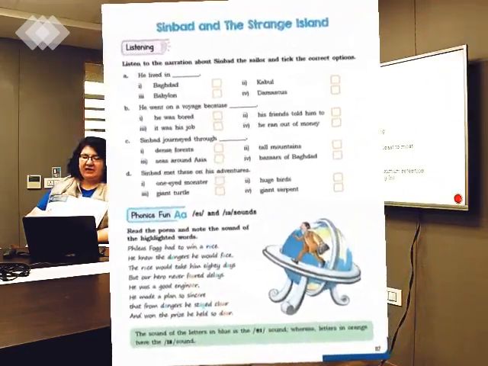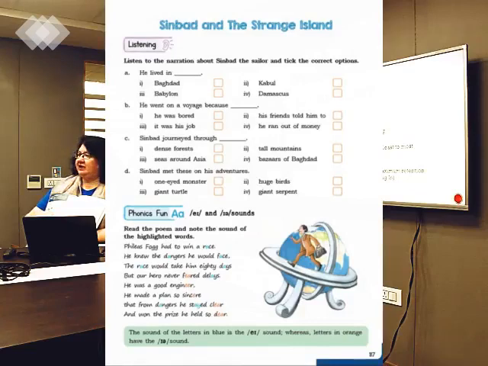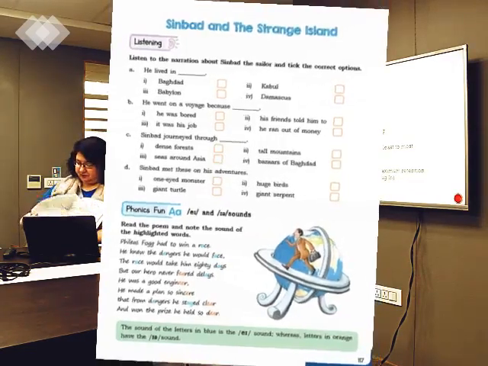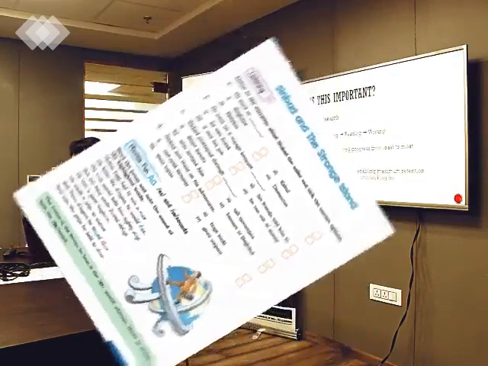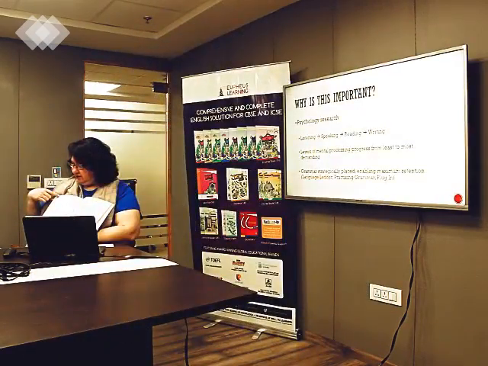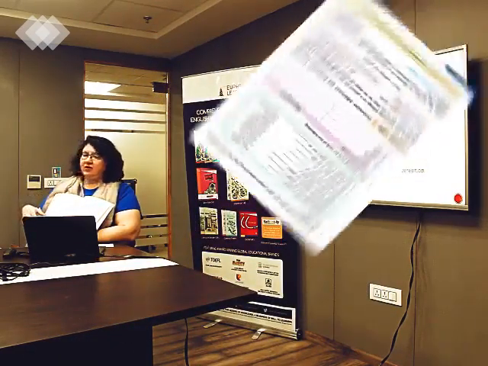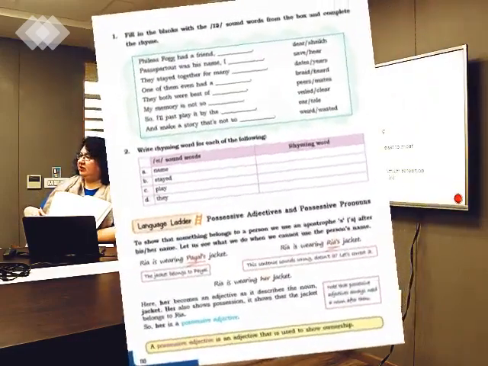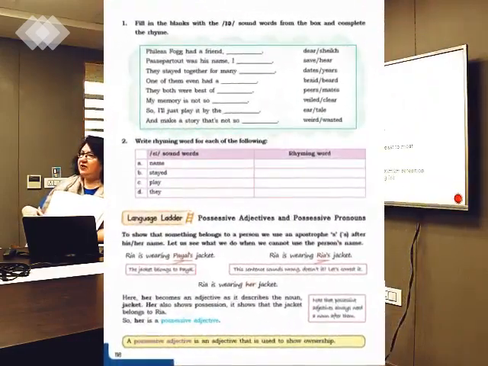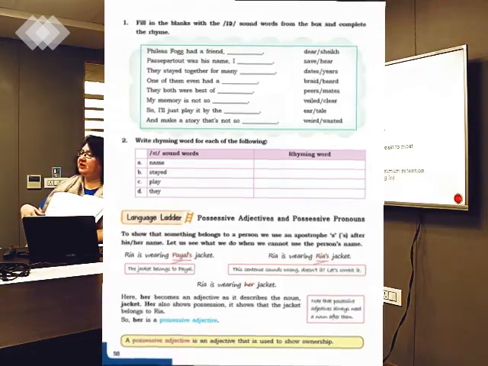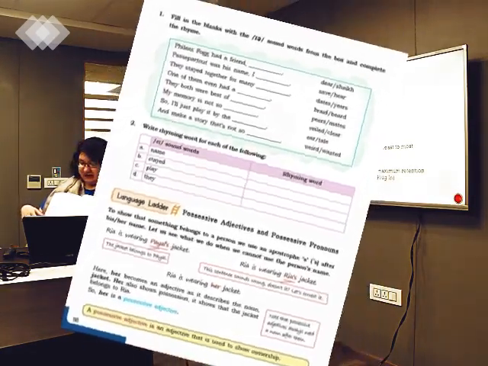Then we get into phonics fun, which is speaking and pronunciation. We are still speaking over here. Then we get into grammar, which is our language ladder. This is the introduction to grammar. It's the explanation. It's the first time the students see that grammar.